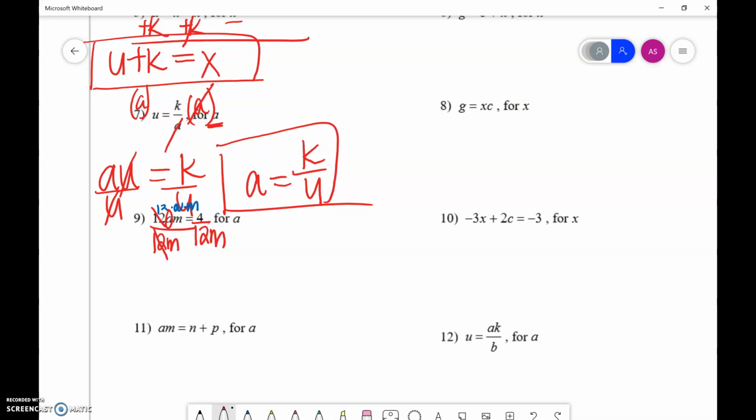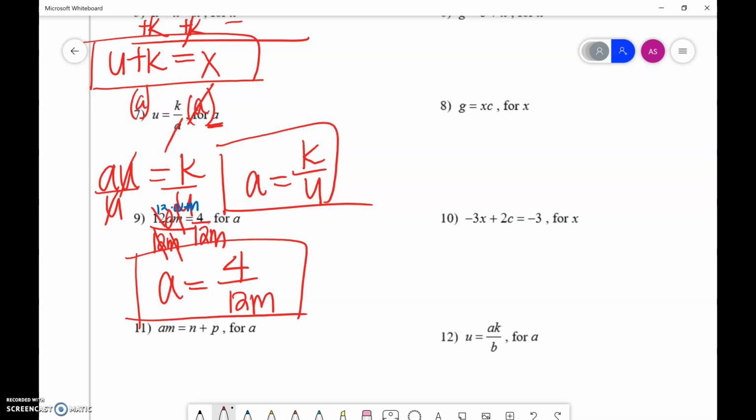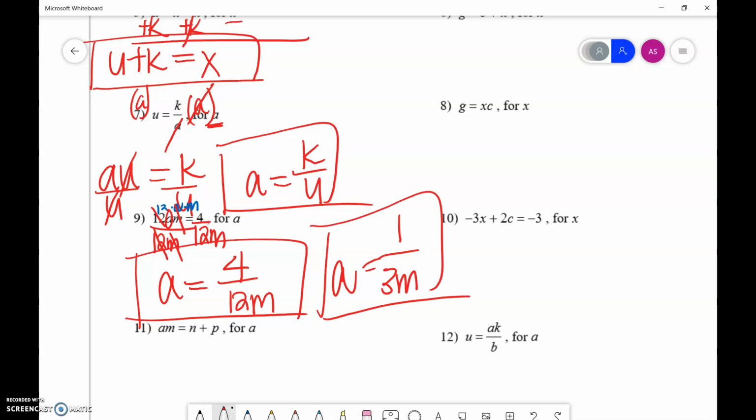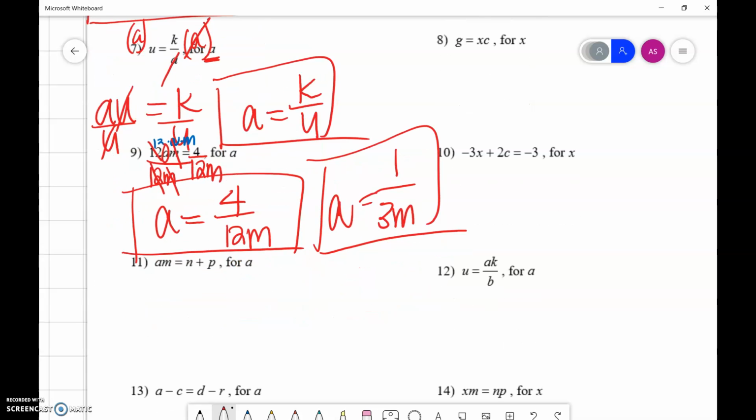So the 12s will cancel out, and then the m's will cancel out. I will be left with a equals 4 over 12m. Now I could go further, which, like I told you guys in class, I will accept this answer. But if I simplified, my final answer will be a equals 1/3 over m. When you have fractions, you do want to have them in simplest form.